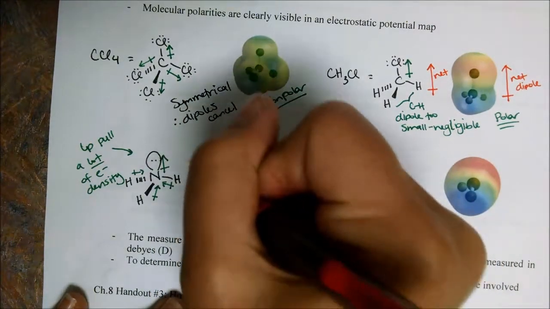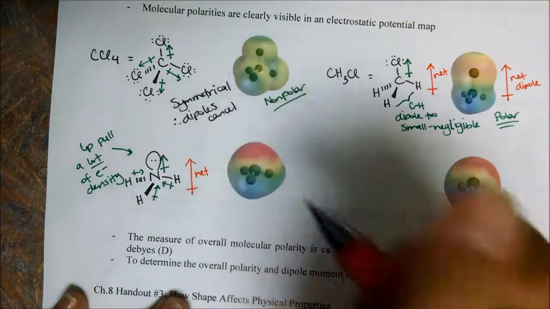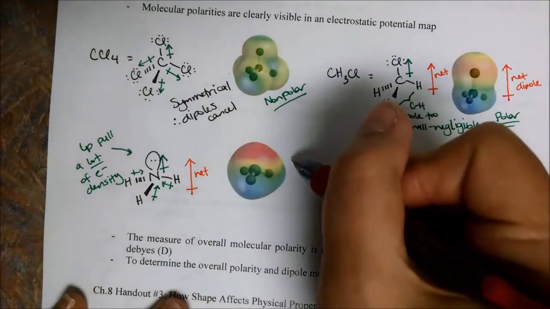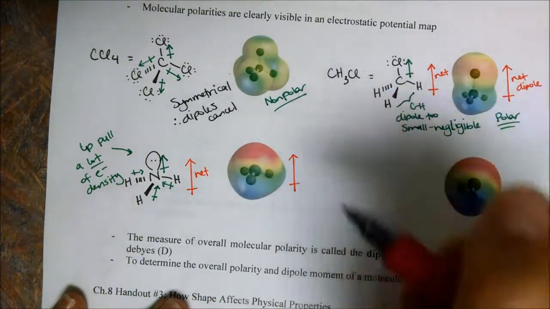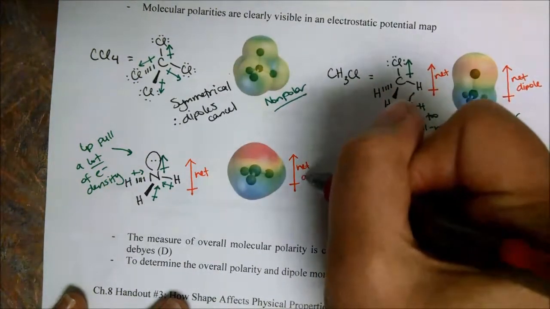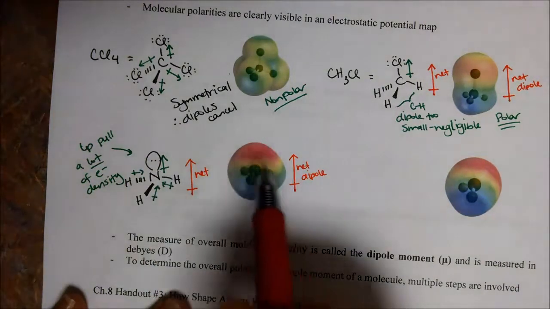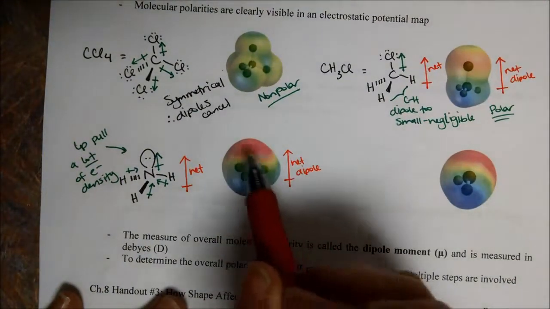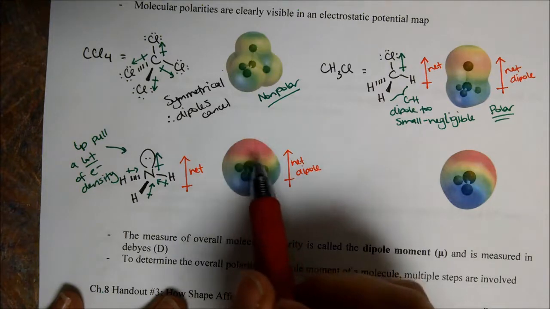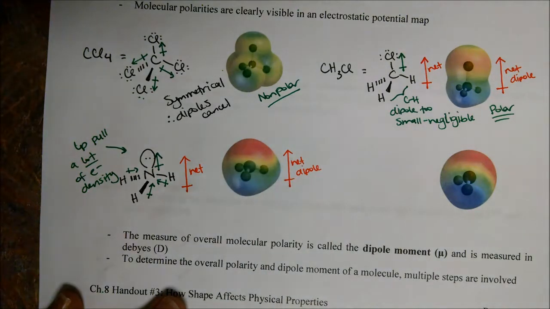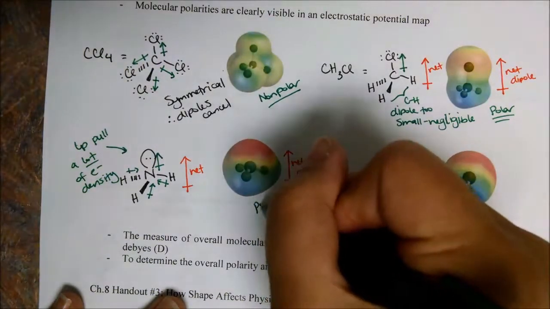So this definitely has an overall net dipole, and we can see that again in the electrostatic potential map, going right up towards the top of those lone pairs. Those dipoles of the individual bonds are reinforcing one another to give an unsymmetrical electron distribution. We have more electron density at the top of the entire molecule, and so we have an overall polarity. Okay, so we are definitely polar.